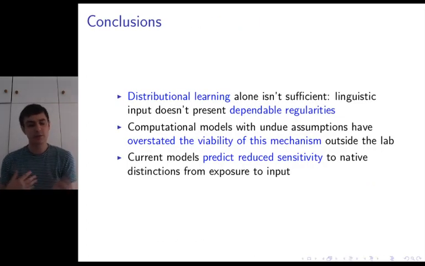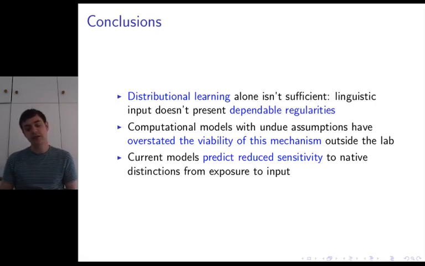So what I really want to argue is that distributional learning alone isn't going to be sufficient. There is a genuine kind of poverty of the stimulus where the linguistic input doesn't present these statistical regularities that would be required for distributional learning to be successful.